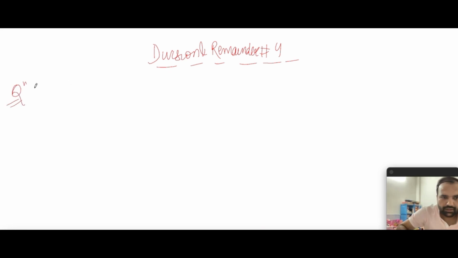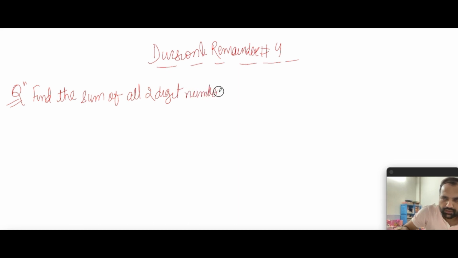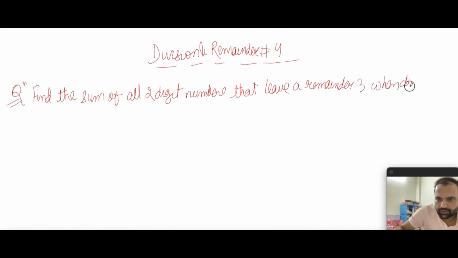So let's take this question. Find the sum of all two-digit numbers that leave a remainder 3 when divided by 7.